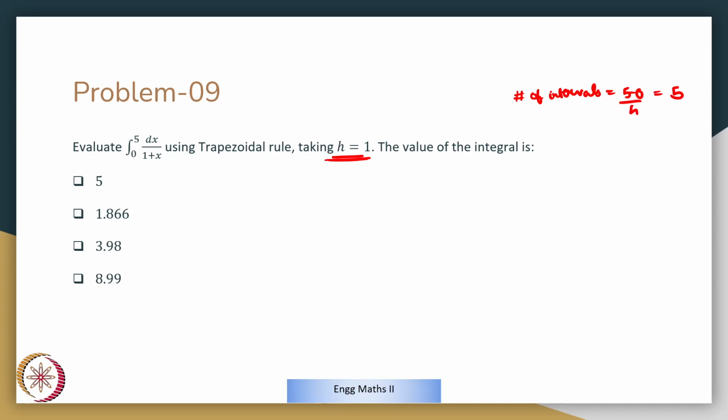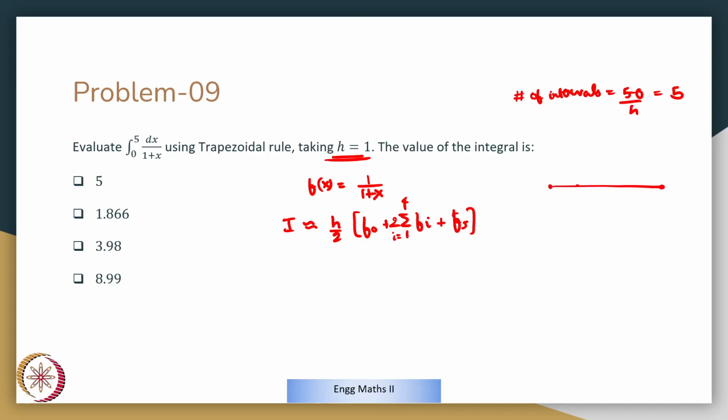With this in mind, and we also note that f of x equals 1 upon 1 plus x, our integral value is approximated by h by 2 times f naught plus twice the summation of f of i going from 1 to 4 plus f of 5. So I have divided the interval 0 to 5 into 5 equal parts as 0, 1, 2, 3, 4, 5.